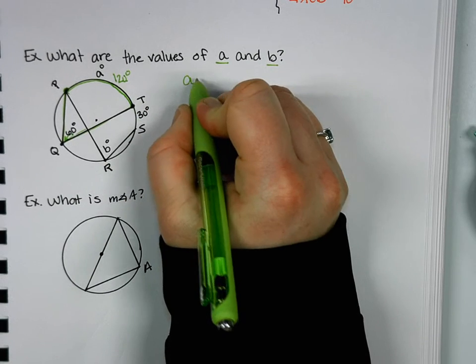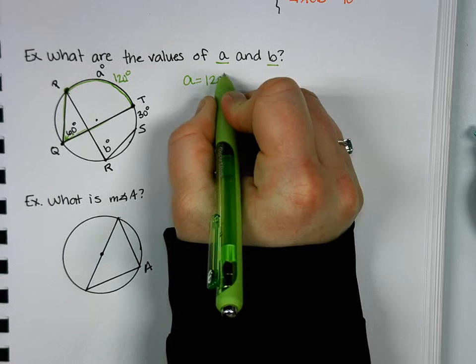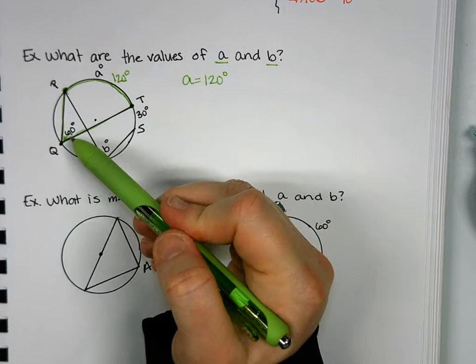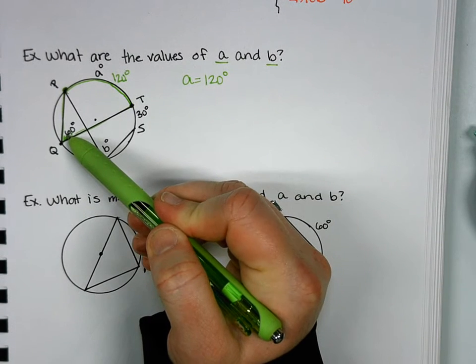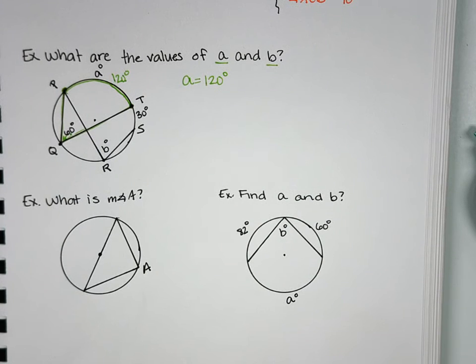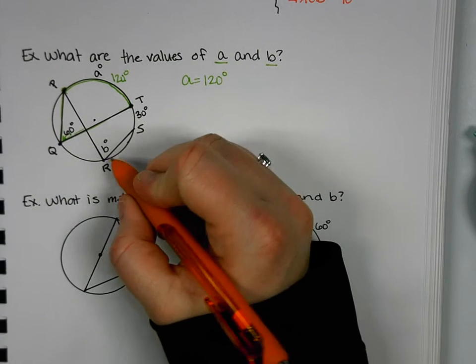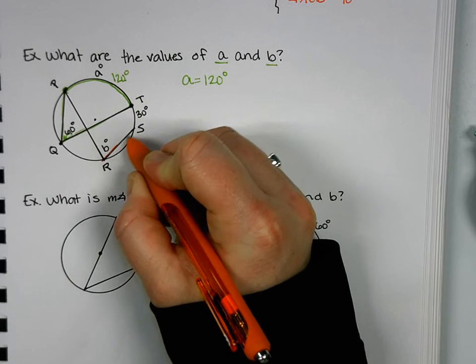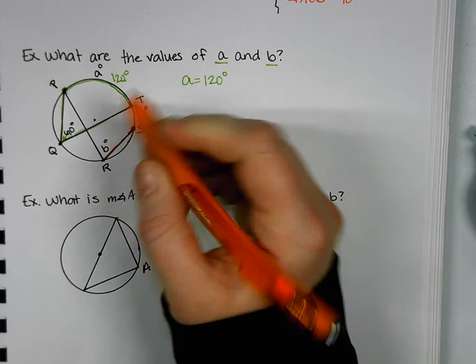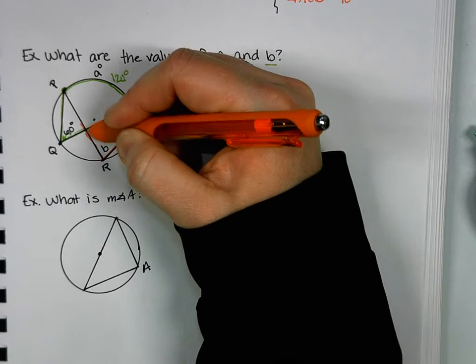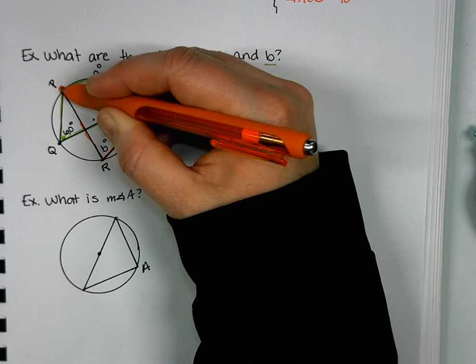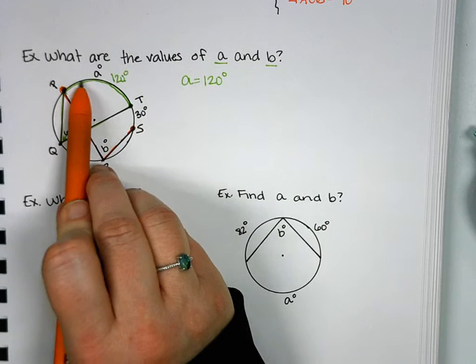So A would have to equal 120 because this angle here is 60. Now if we do the same thing for B, if we follow it out, we get from here to here. So do we know what this arc is?